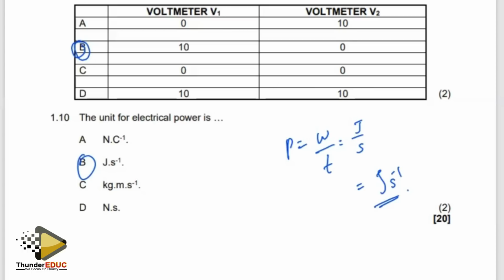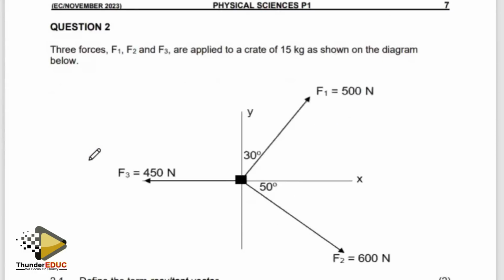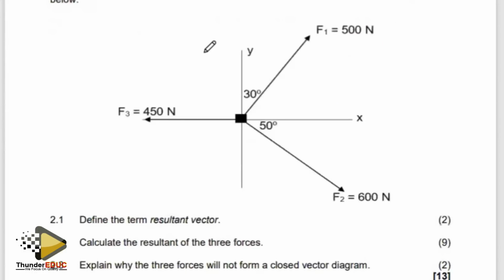With question number 2, they're telling us that 3 forces, F1, F2, and F3 are applied on a crate of 15 kilograms as shown on the diagram below. First question, they want us to define what a resultant vector is.